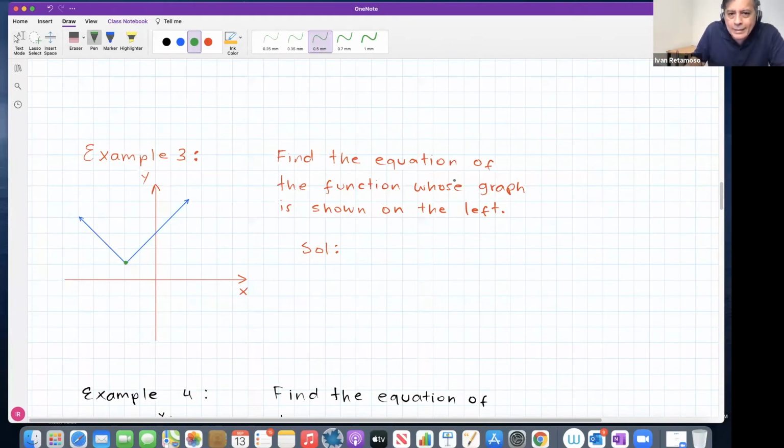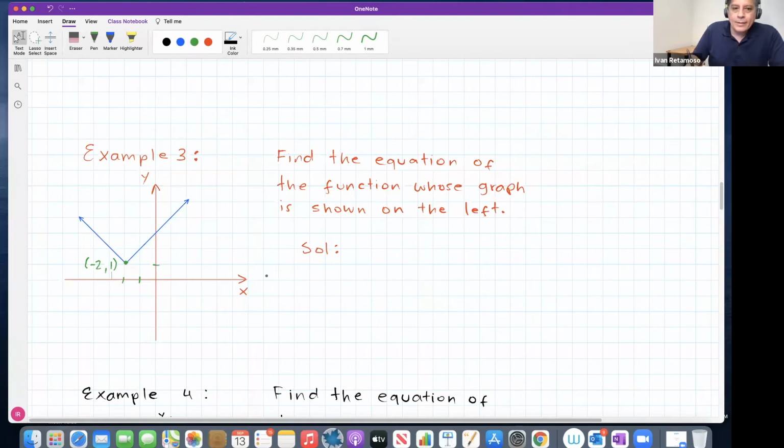Suppose they say, find the equation of the function whose graph is shown on the left. The final graph is this. Figure out what is the formula for the function. Well, you start by saying, okay, I notice that this vertex has coordinates -2, 1, right?